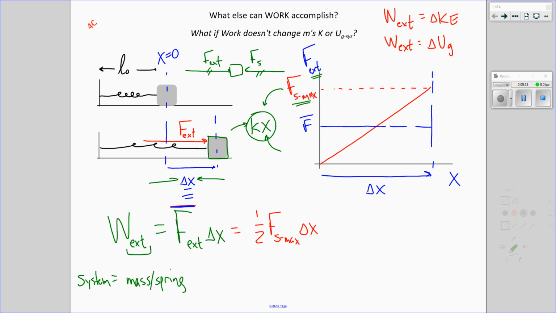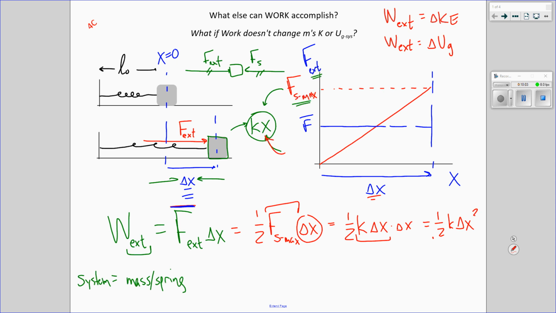Okay, so we can write this as 1/2, well, k, and our x here is delta x. And then that's the k delta x, and then we have this delta x, so we have another delta x. And that's 1/2 k delta x squared.